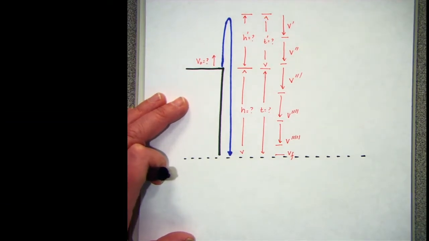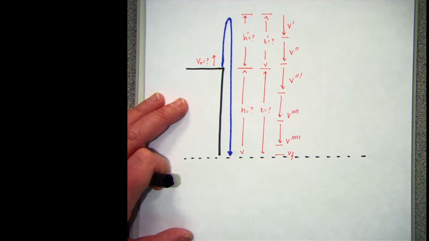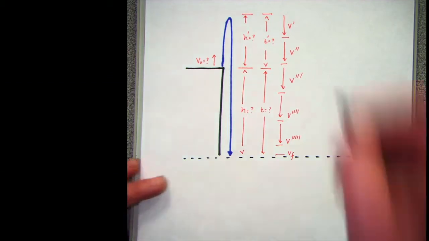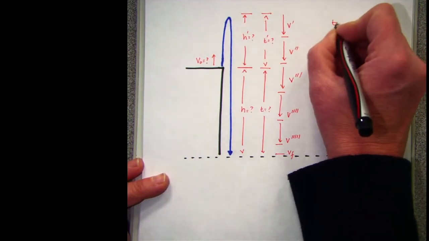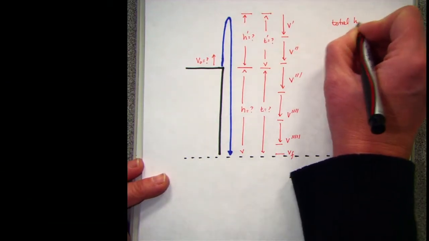You could be asked any of those velocities. You could be asked any time along these pieces. So there's lots of different questions that you could be asked. And depending upon how the question's asked, I may have to add some of these together. And one of the questions might be, what was the total height fallen?